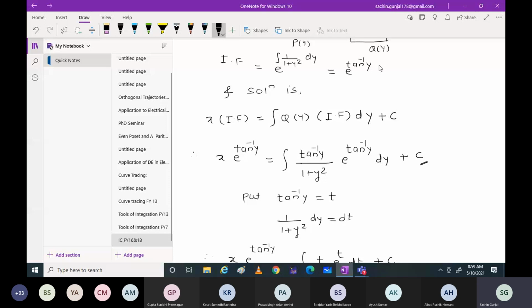But I didn't write this plus c here. Can you tell me the answer for this? Whenever we take an indefinite integral, we write the constant of integration. But I wrote it here, but I didn't write it here. Can you tell me the reason?